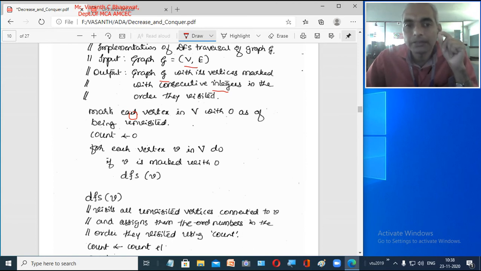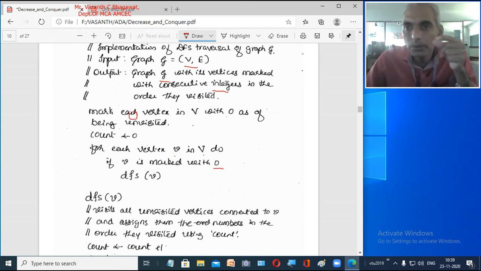Now for each vertex v, small v, you take any one vertex in the set of all given vertices, capital V. So for every vertex in capital V, we check whether that vertex is marked with 0. 0 means unvisited, right? You are supposed to see whether it has been visited or not.